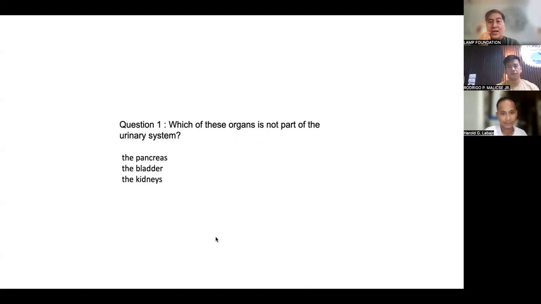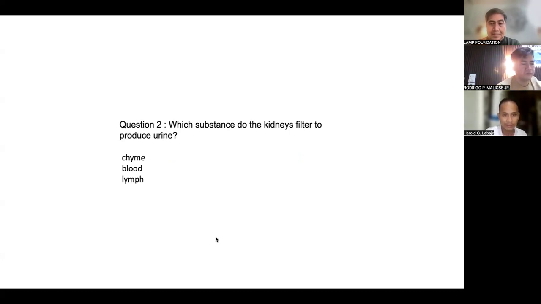Let's start, Doc. Let's review the physiology of the urinary system. Which of these organs is not part of the urinary system? The pancreas. Which substance do the kidneys filter to produce urine? The blood.